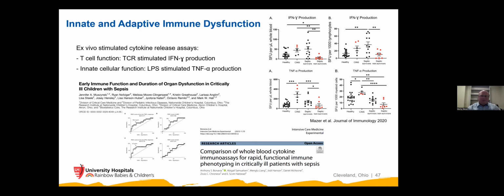As we've shown in some of our work, as well as Mark Hall's work at Nationwide and the group at Penn State, patients who do poorly in the ICU after sepsis and trauma have decreased response to stimulation after you take the blood out of the patient. That's a really nice way of showing that these patients have more suppressed phenotypes and need to be augmented in order to fight the infections properly.